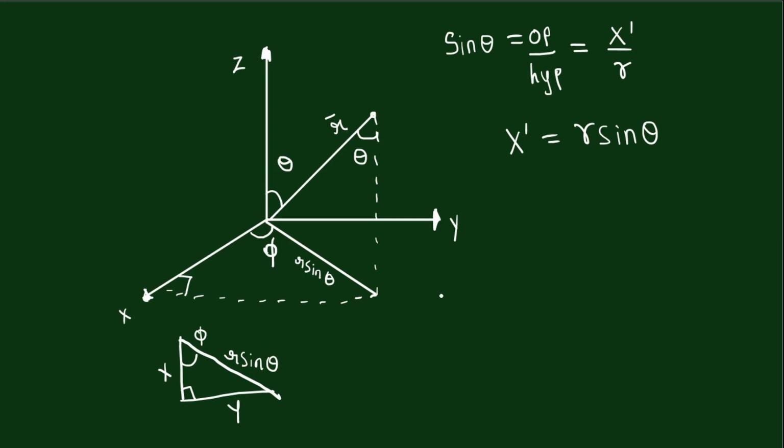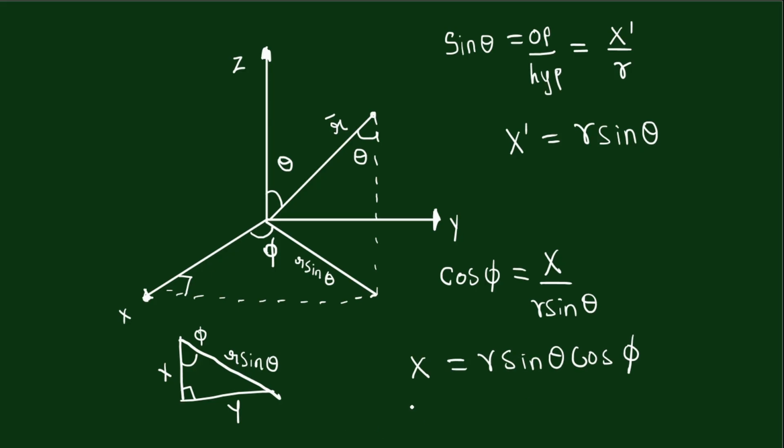So the cosine of this angle phi will be cos phi, which is x by r sine theta. So we have our first conversion, which is x is equal to r sine theta cos phi.